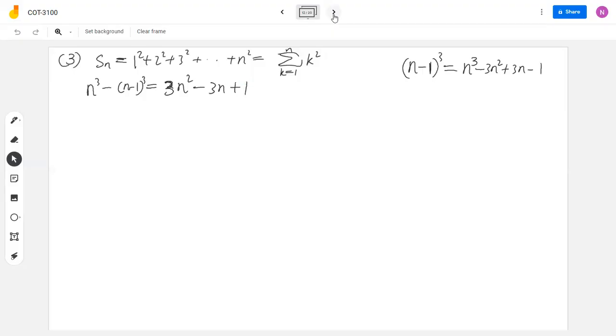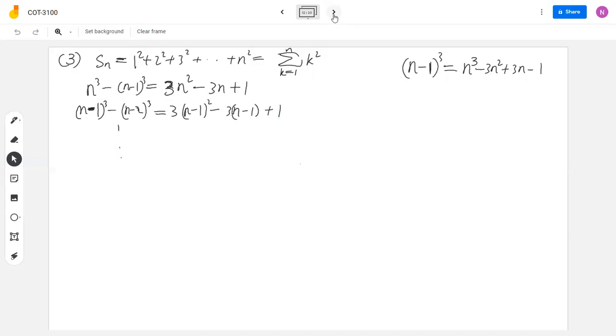And we write this again with n minus 1 cubed, but decrease the argument by 1: n minus 1 cubed minus n minus 2 cubed. We get 3 times n minus 1 squared minus 3 times n minus 1 plus 1, and so on and so forth.